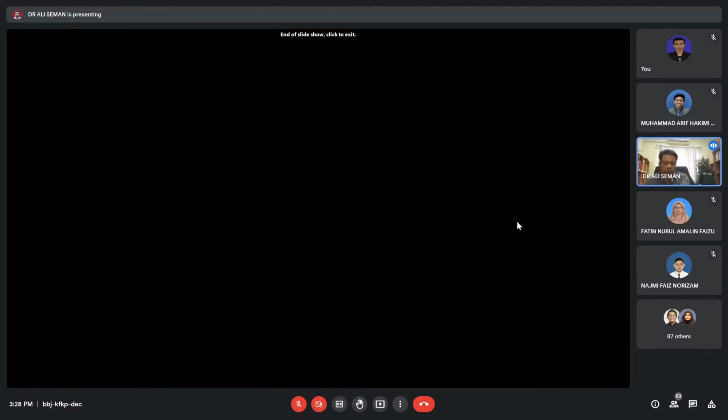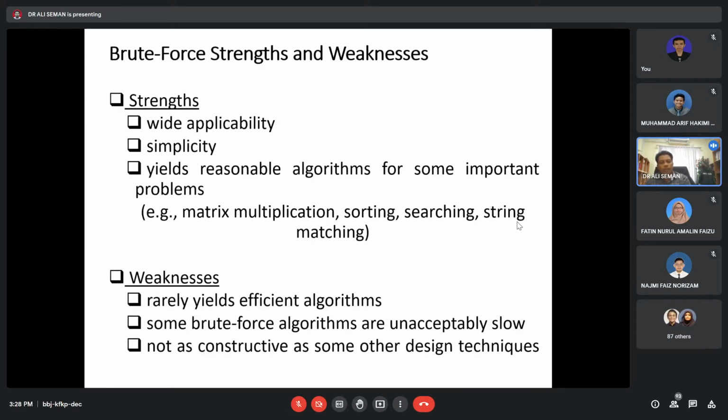Okay, we finish until this. Overall, what is the design strategy? When we talk about brute force, the process is very straightforward, simple and easy to understand, but in terms of time it is not efficient, and in terms of computational cost it is worse compared to other algorithms.